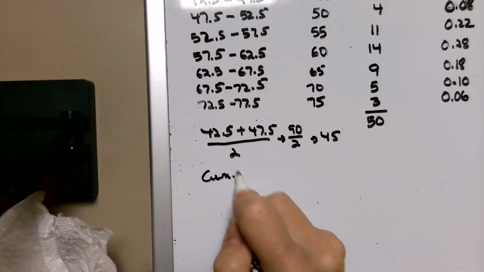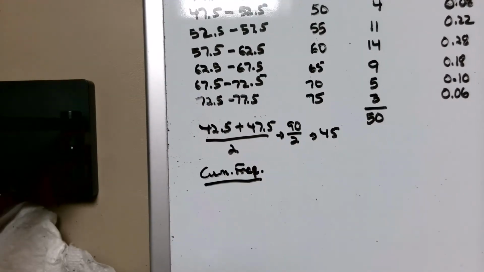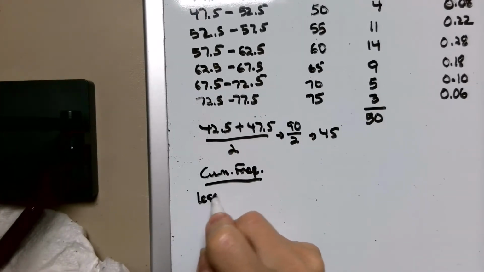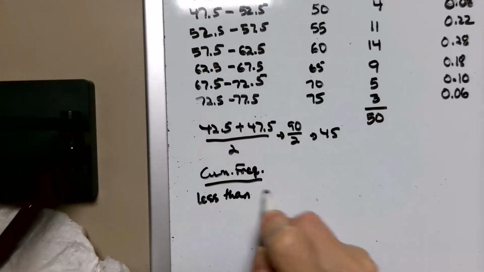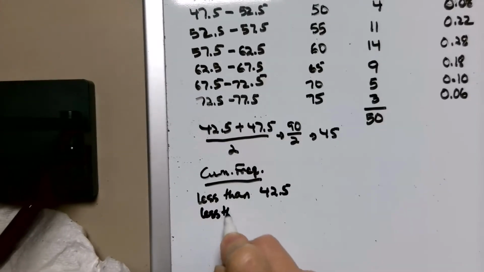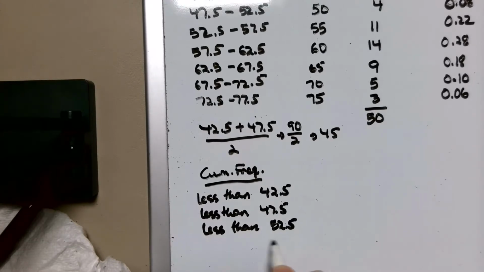Now the way this book finds cumulative frequency is it uses class boundaries. So they're going to say less than the first class boundary 42.5. Less than the next class boundary 47.5. Less than the next class boundary 52.5, and so on.